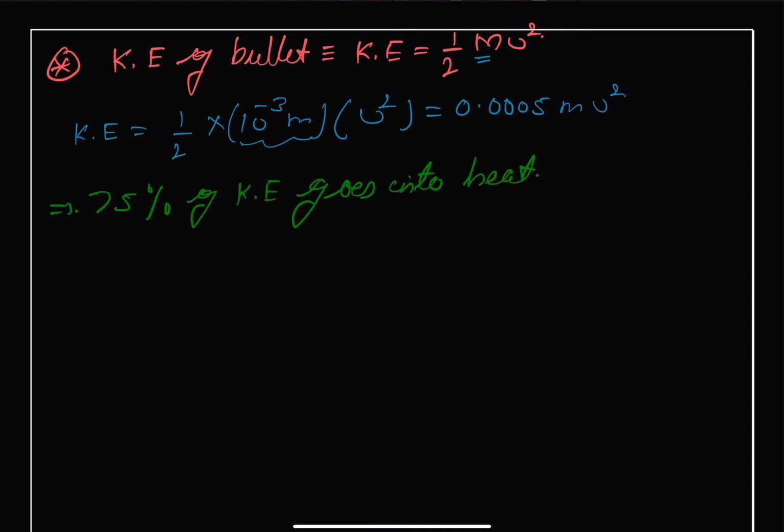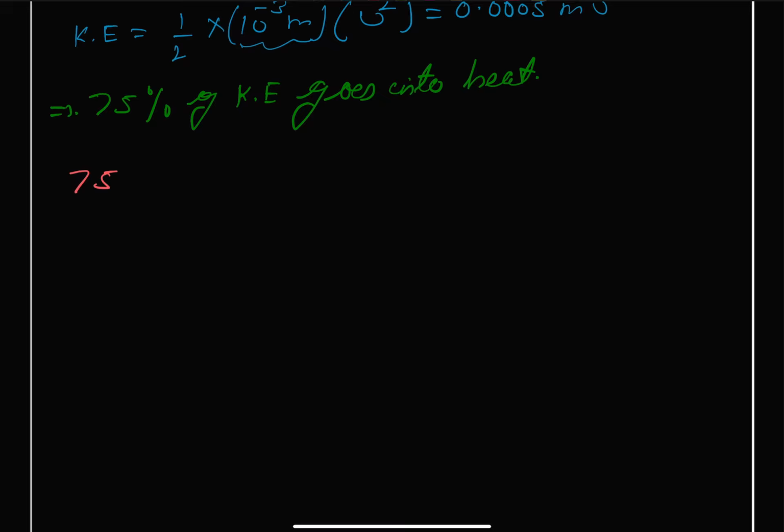Therefore, 75%, that is 0.75 into kinetic energy, goes into heat. We substitute all the values. So this comes as 0.75 into 0.005 mv square is equal to 63 times m.